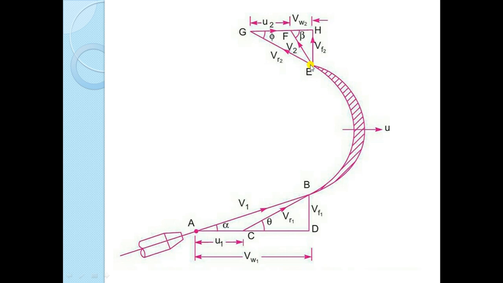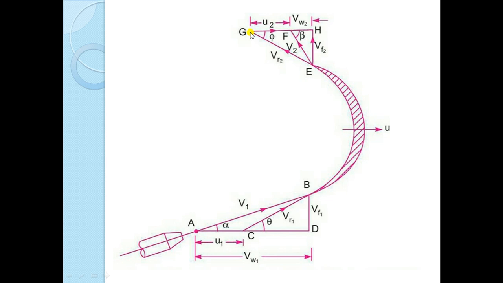Now, since we are assuming the vane surface to be smooth, the relative velocity of the jet at inlet and outlet are the same. So we need to represent Vr2 at E both in magnitude as well as direction. So EG represents Vr2 both in magnitude as well as direction.